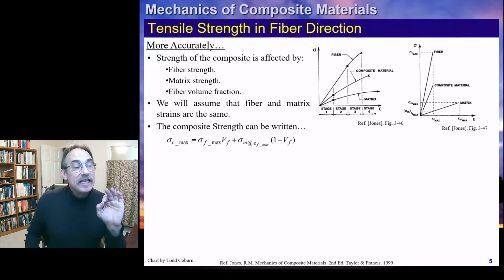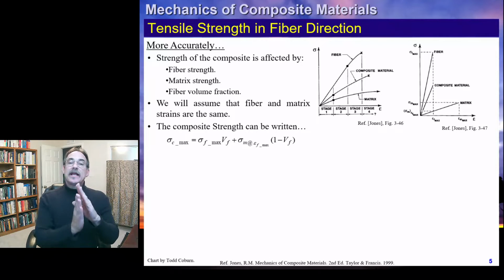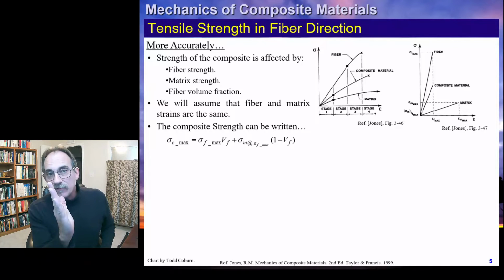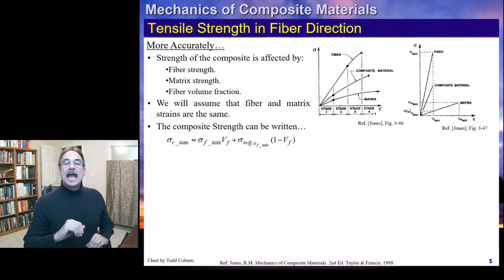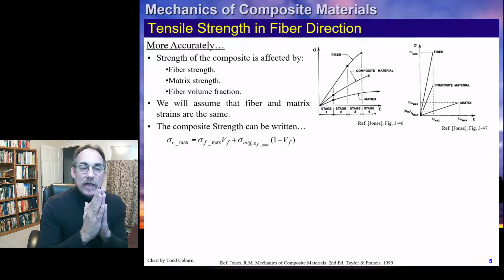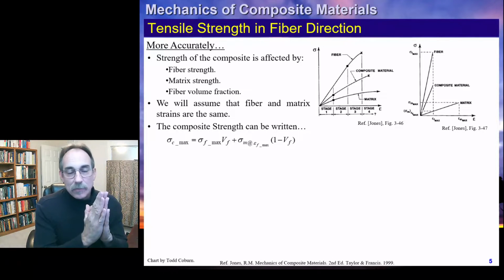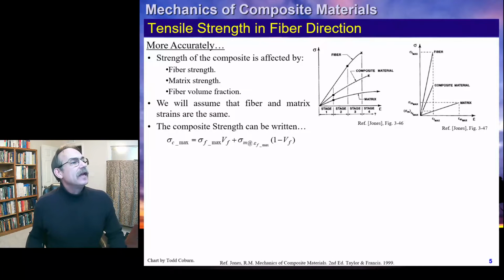Okay, this is a key equation because we're saying we're getting all of the capability of the fiber plus as much of the matrix as it can sustain at that strain level. This is the actual strength at which the fibers fail, which means that's the last point of the strength of the composite as well. Okay, so we're going to drill down on this concept.